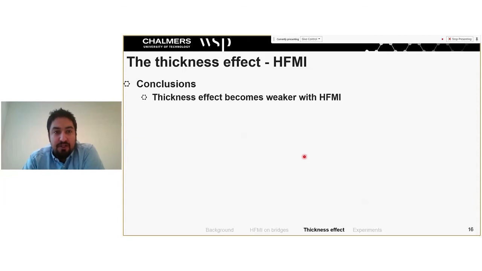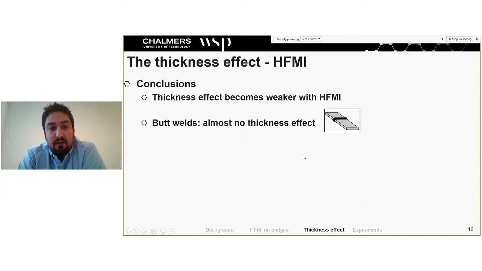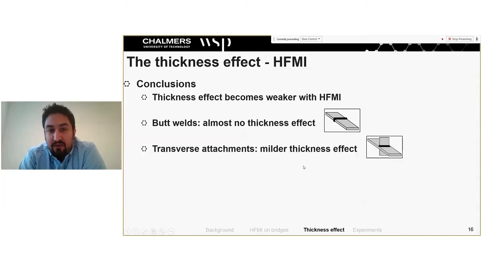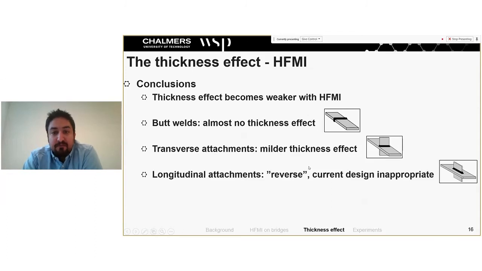So some conclusions: the thickness effect becomes weaker with HFMI treatment. So we can say that for this detail, almost no thickness effect. For this detail, the thickness effect becomes milder. And for this one, we don't even have a bad thickness effect, actually a reverse one.